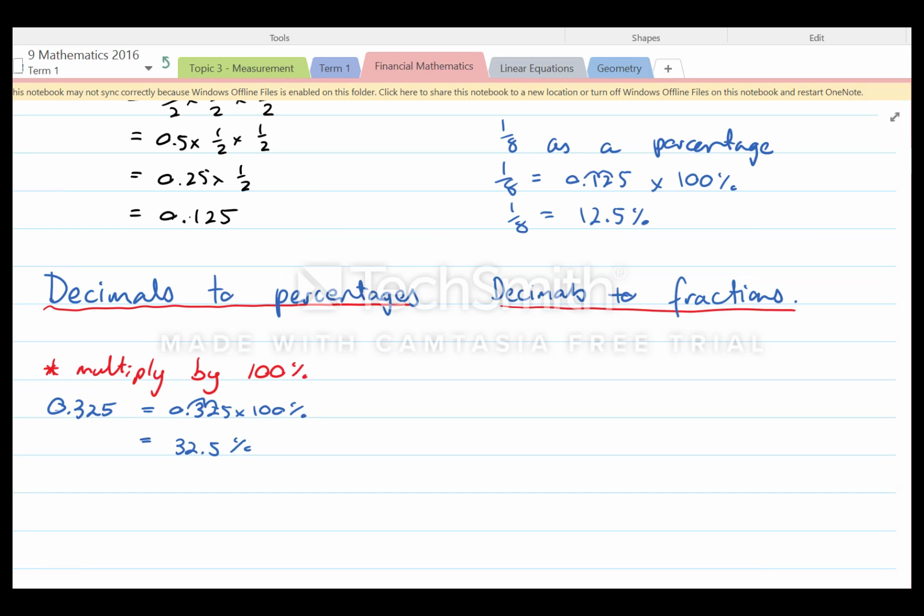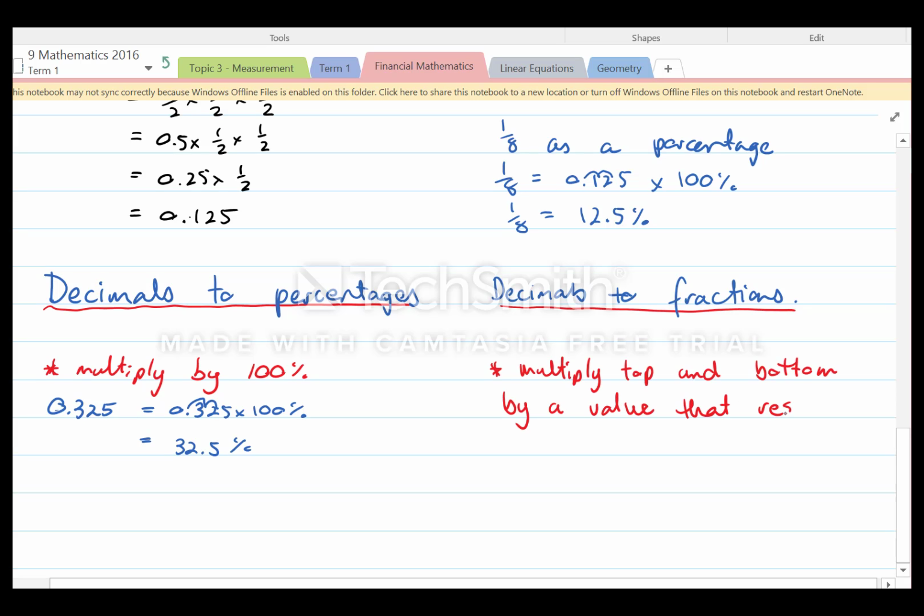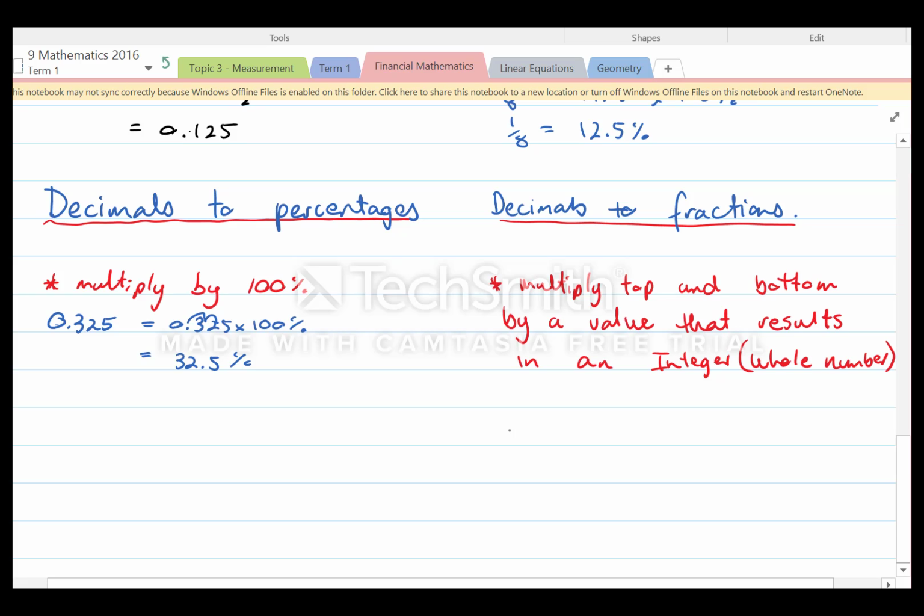Okay, decimals to fractions is also pretty straightforward. We need to multiply the top and bottom by a value that results in an integer or whole number. All right, so the denominator and numerator both need to be integers or whole numbers. So, for example, if we wanted to turn 0.25 into a fraction, then we think of it as 0.25 on 1.